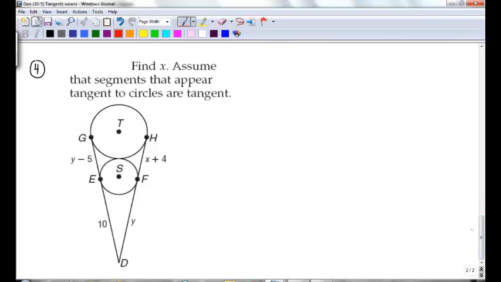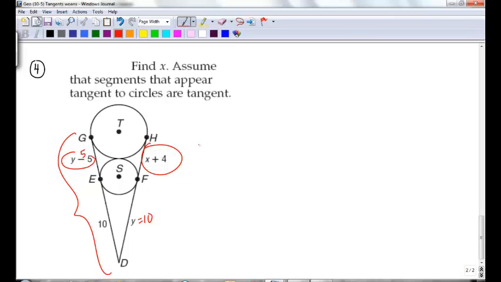Okay, find x. Assume that the segments that appear tangent are tangent. You want to find x. Look right at that picture. What's y? Tell by sight. 10. So this is 10. If y is 10, what's this? 5. So this whole thing is 15. So what's this have to be?